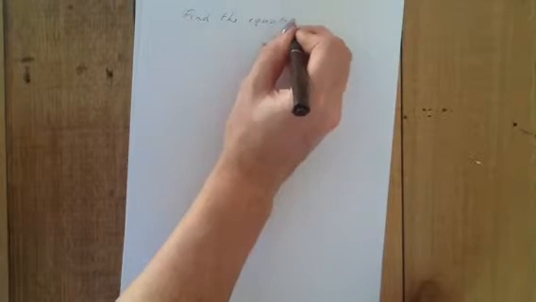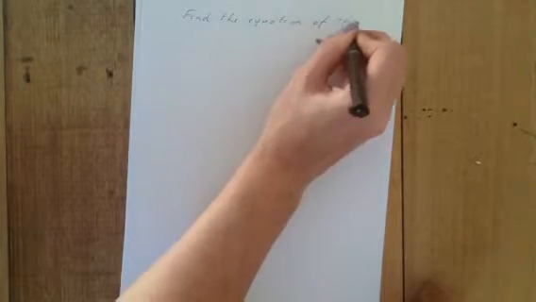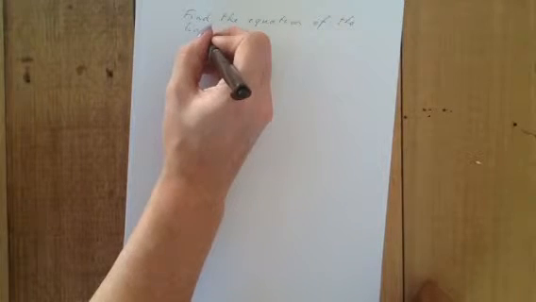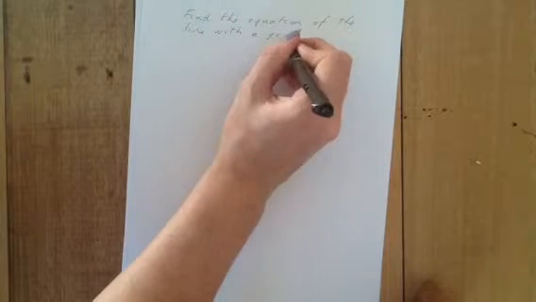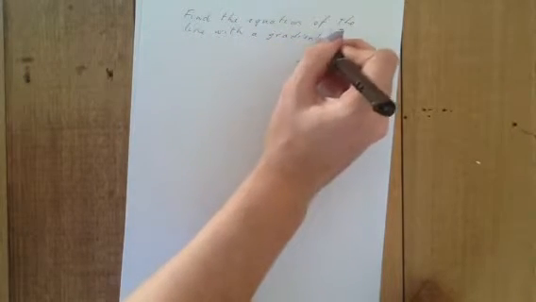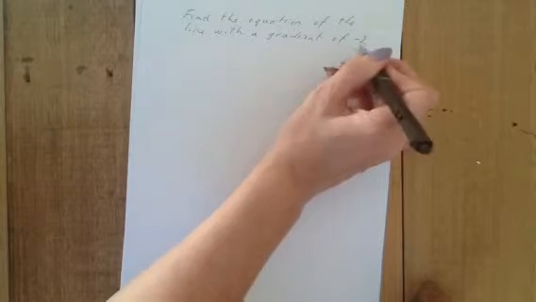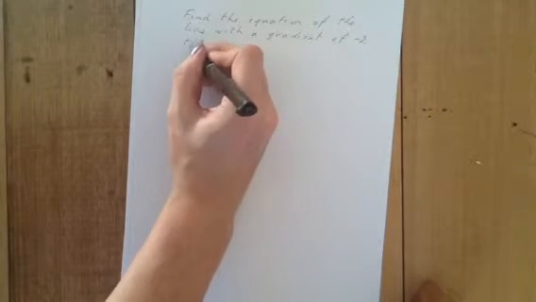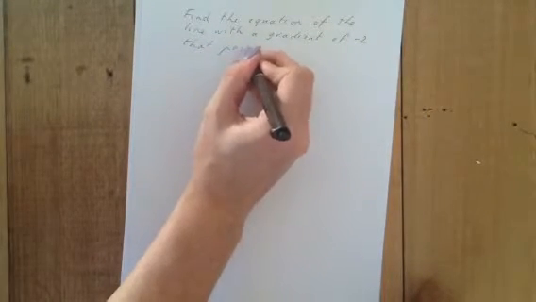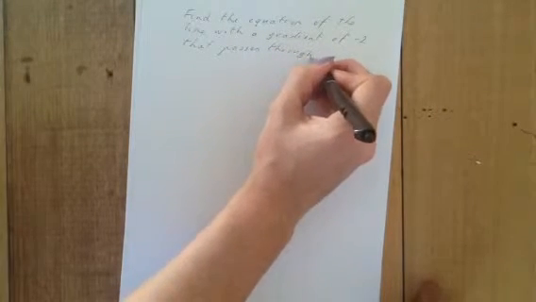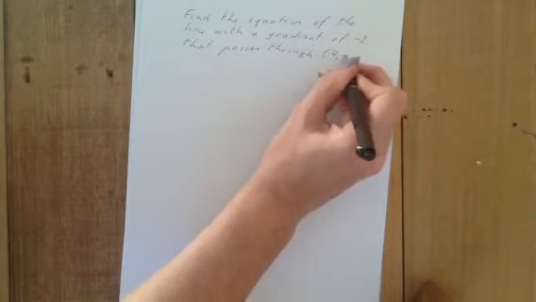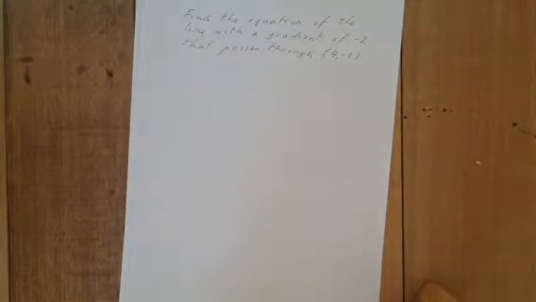Find the equation of the line with a gradient of, we'll have a negative gradient this time, a gradient of negative 2 that passes through the point (4, negative 1).